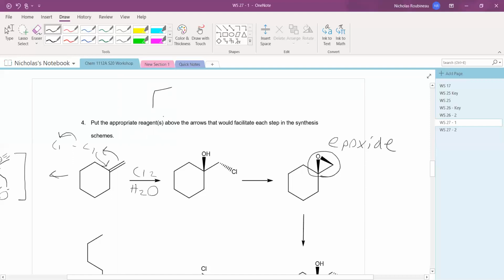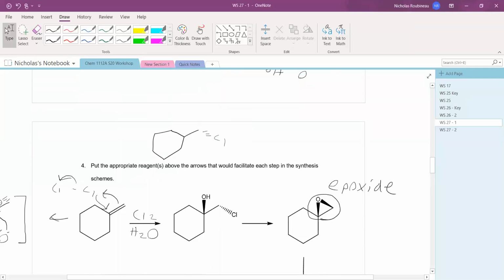Imagine you have a chlorine here and you react it with sodium hydroxide. OH minus would just substitute for the chlorine and kick the chlorine out.